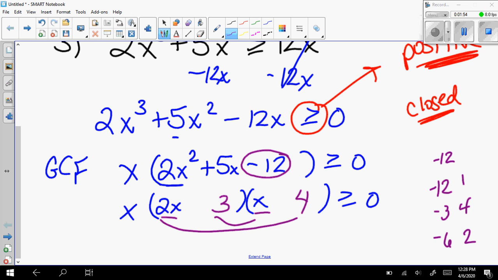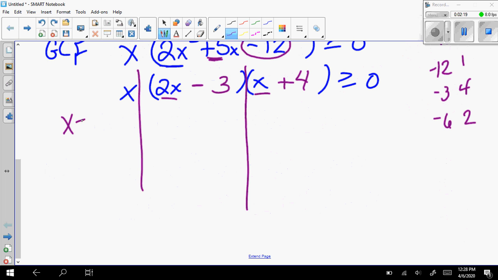On the inside, I would get 3. If one of those is positive, one of those is negative, would I get a 5? Yes, that's what I'm looking for. So I need a positive 5, so let's make it a positive 4 here, which gives me a positive 8, right? And then I would like to subtract the 3x. So positive 8x minus 3x would give me the positive 5x.